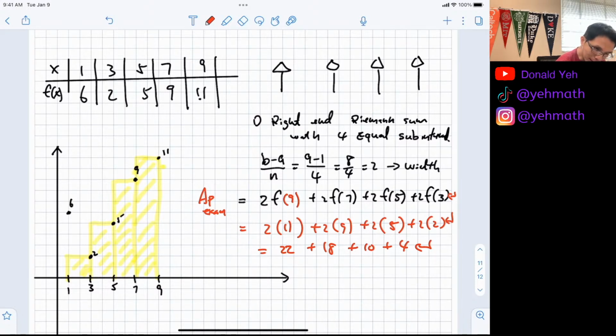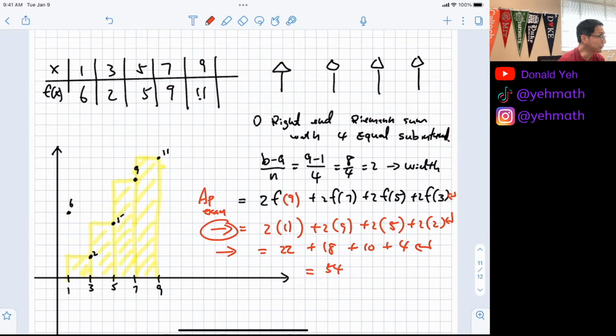Say I got 53 and I write down 53, when the answer is supposed to be 54. If you write out this line, that's very, very crucial. For me, this line is very important. If you write out that line, they will know what you're doing.